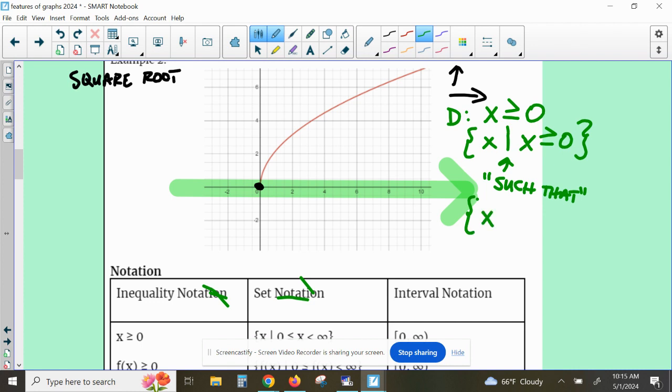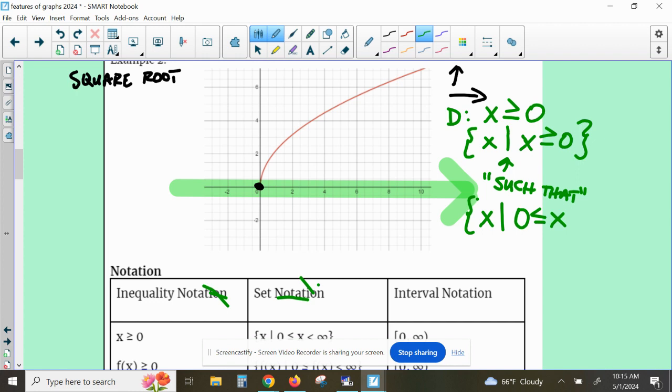So I've got all my x's such that, and I put the x in the middle this time. What is the lowest x can be? Don't fall asleep. You're going to be confused. 0. Is 0 included? So we do the less than or equal to sign. And then how far does it go?